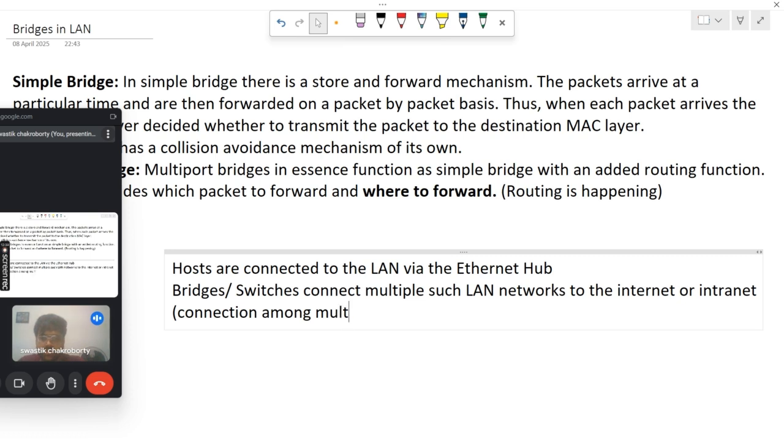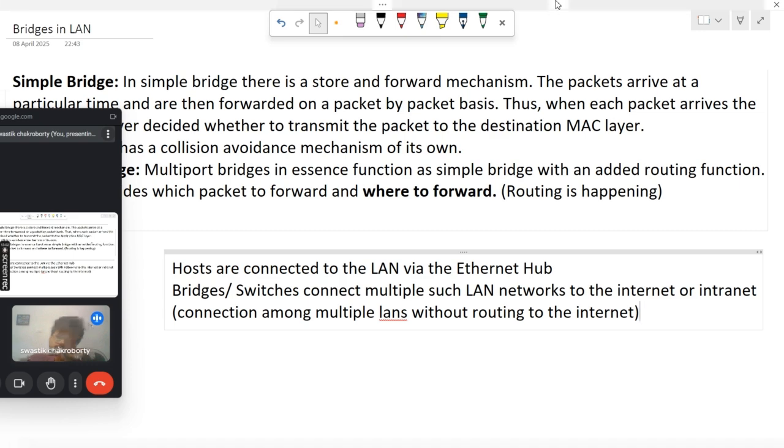So intranet is connection among multiple LANs without routing to the internet. So here we have LANs. LANs are connected via bridges, and they're connected to the multiple LAN.